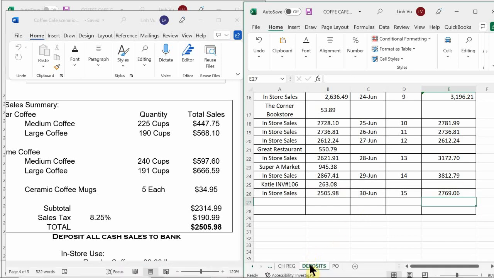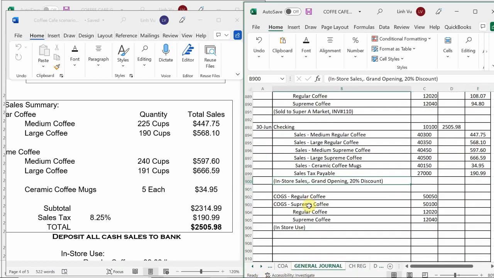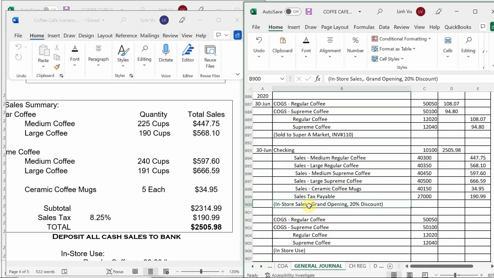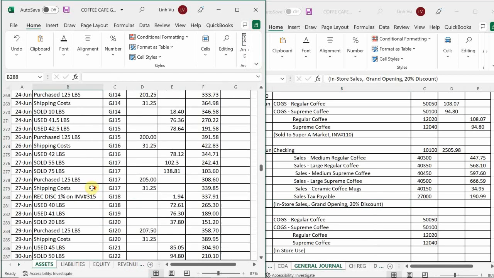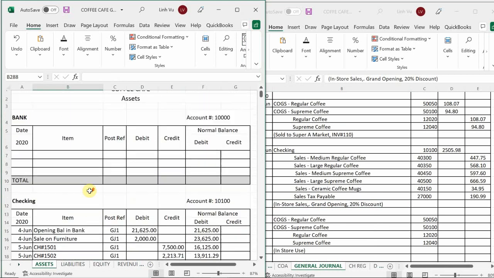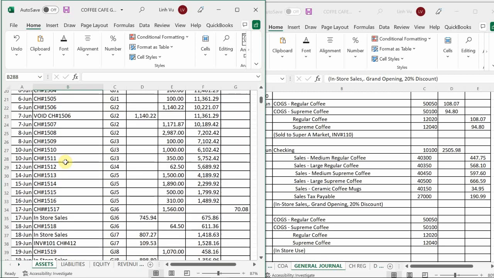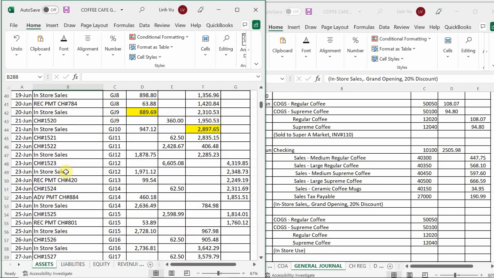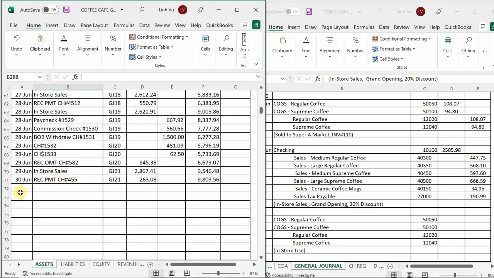So back to my general journal here. Okay. So let's go ahead and plug those numbers into my ledger, starting with checking. Okay.